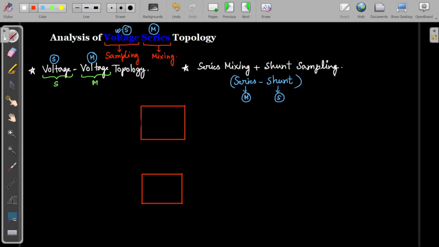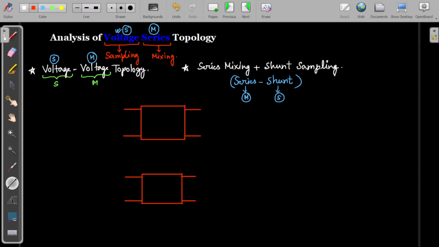So now here we will have the output line of the basic amplifier and here the input line to the feedback path. So this is the input to the basic amplifier and this is the output of the feedback path.